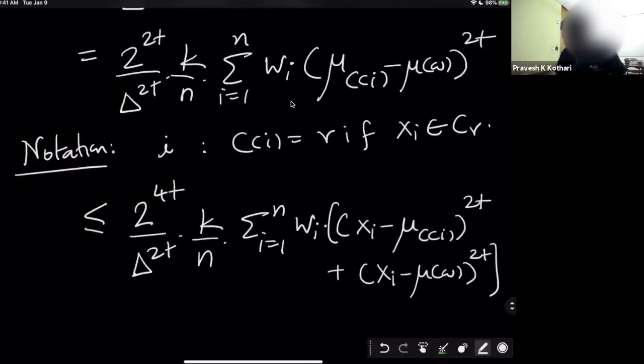This time I'm applying it term by term, for each i separately. For each i, I'm looking at the expression mu of C(i) minus mu(w), adding and subtracting the sample point x_i, and then applying the almost triangle inequality. Again, stop me if I do anything unverifiable here. Still good?